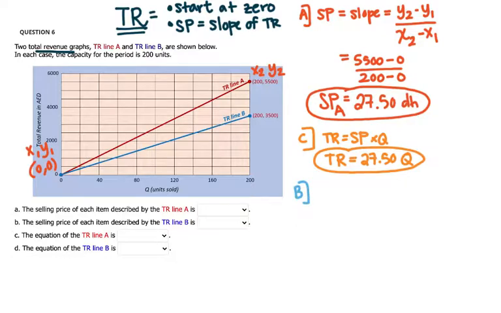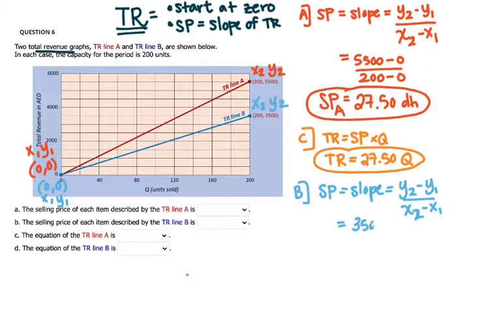Part B is talking about the blue product, the blue line. So again, the selling price is going to be the slope, which is the change in y over the change in x's. And you may ask yourself, where do I find those? They're just the endpoints of that line. So x1, y1, this is x2, y2, and then I will plug in those numbers: 3,500 minus 0 over 200 minus 0.